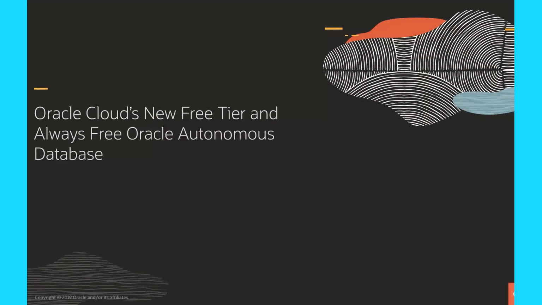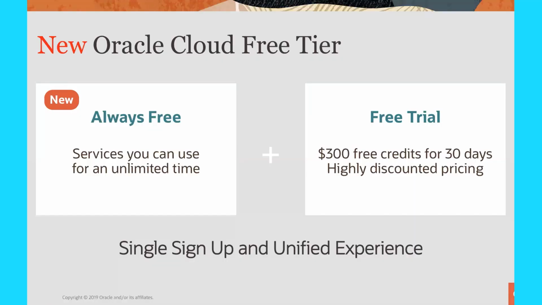So first of all, let's talk about Oracle's Cloud new free tier and always free Oracle Autonomous Database. What does this mean exactly? There is an always free service that you can use for an unlimited time. It's very easy to sign up, and it's a unified experience as well with our free service. There are certain services that are always free, so as long as you continue to use them, they're always available for you.